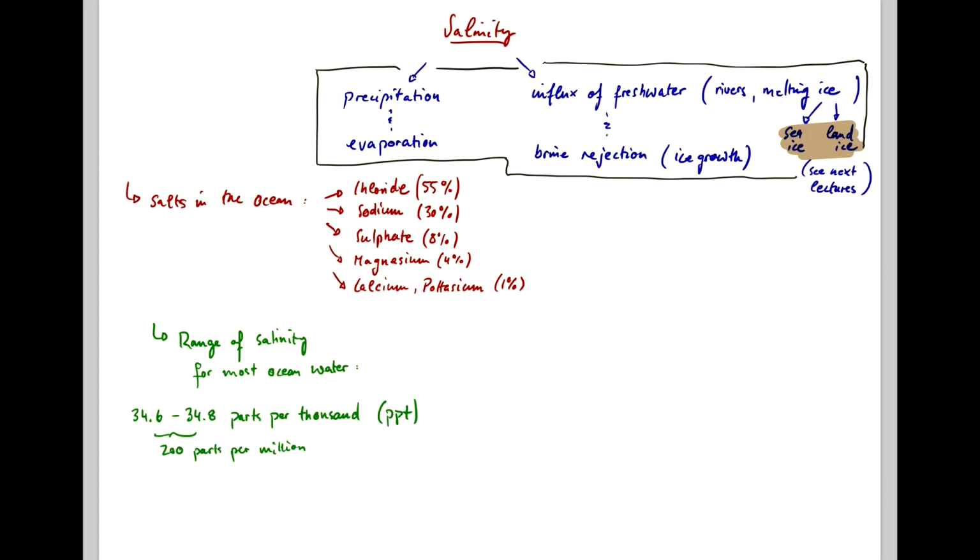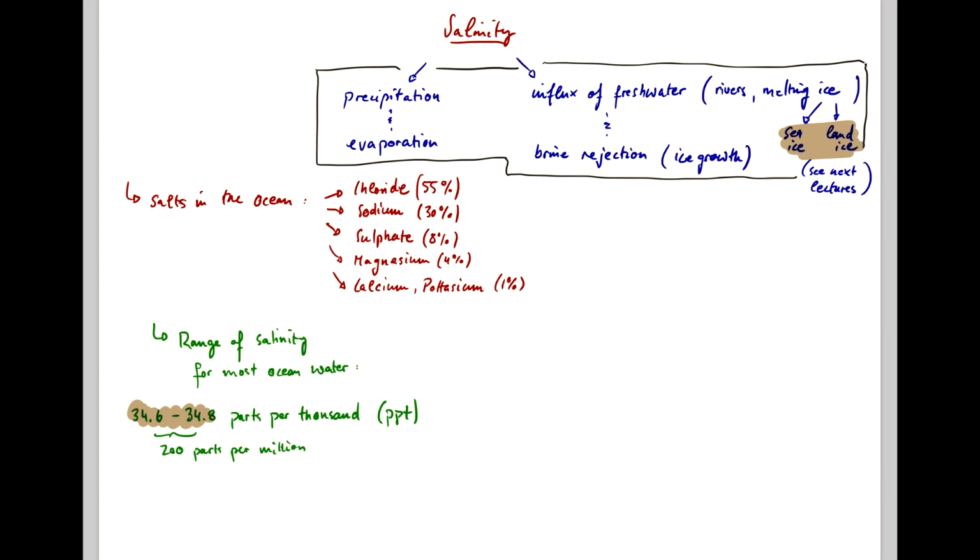But especially the surface deviates from this quite substantially sometimes, especially when you have things like influx of fresh water or a lot of evaporation or a lot of rainfall or snowfall. Then you can get quite a bit more or less than 35.